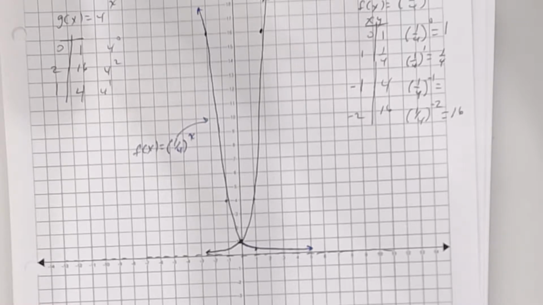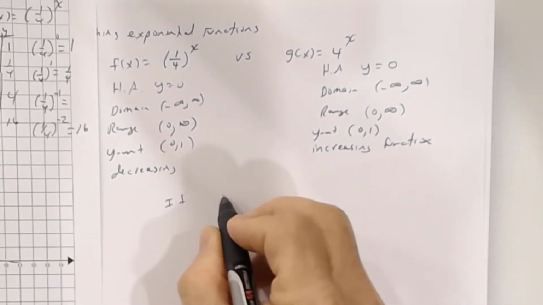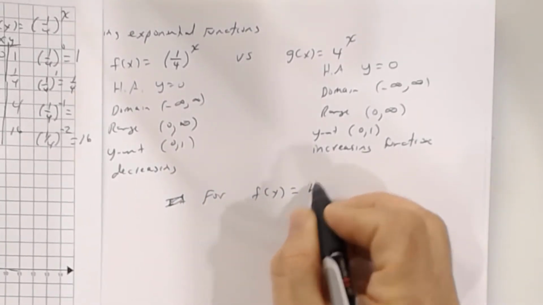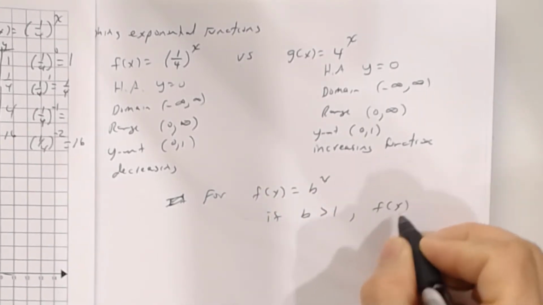Whereas 1/2 to the first is 1/2, 1/2 to the second is 0.25, 1/2 to the third is 1/8. But those y values are decreasing. So it's your base. So for f of x equal b to the x, if b is greater than 1, f of x is increasing.